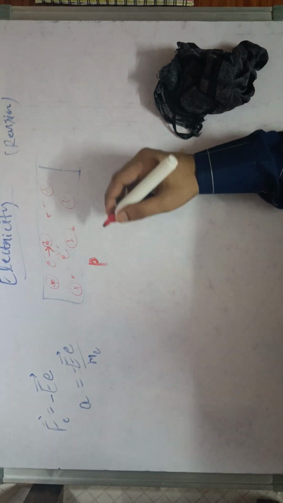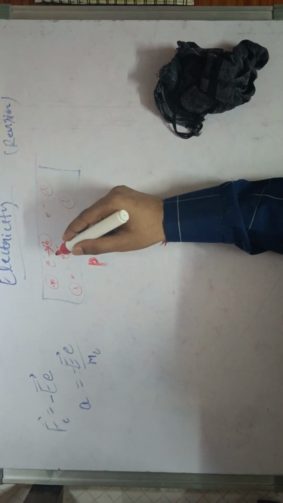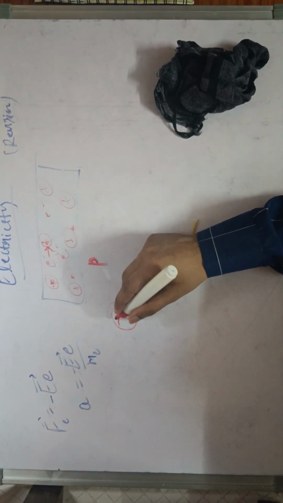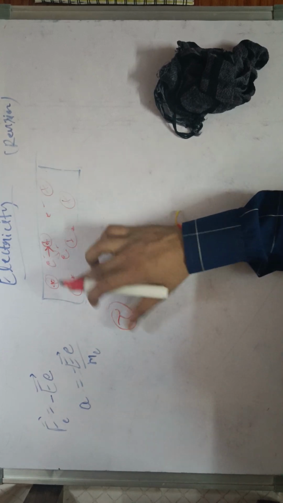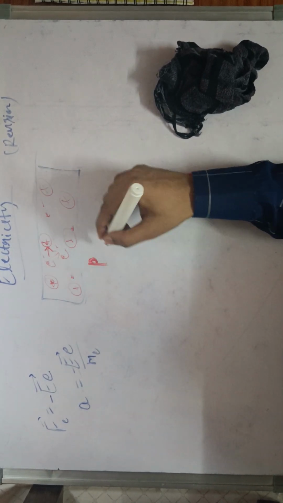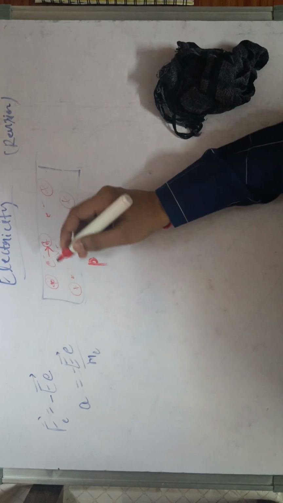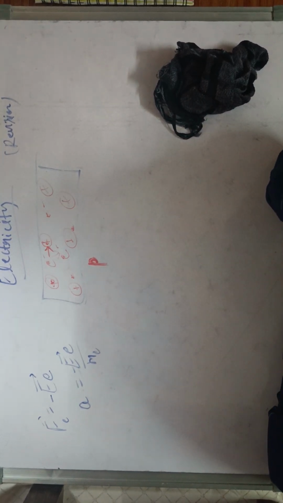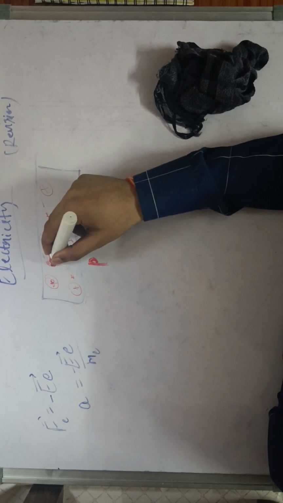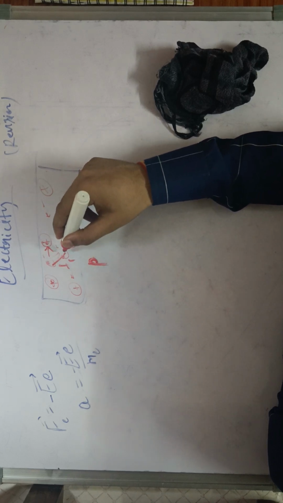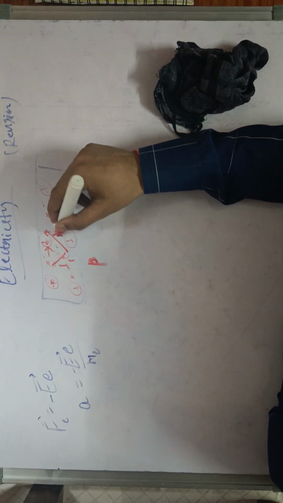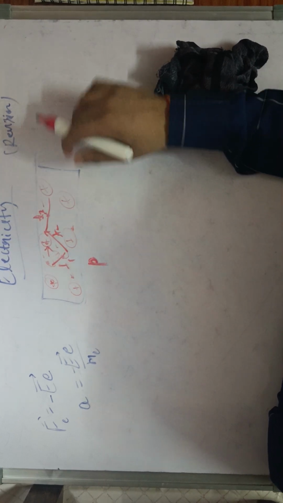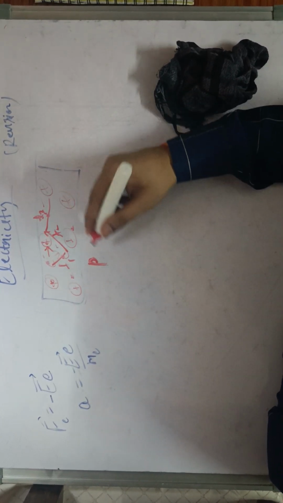So in such cases, we have to take care of the time up to which this object is accelerating. It is not a fixed value. Different particles will collide at different times. Let's say this particle first collided after t1 time, then after t2 time, then after t3 time. So the collisions happen after different times t1, t2, t3.